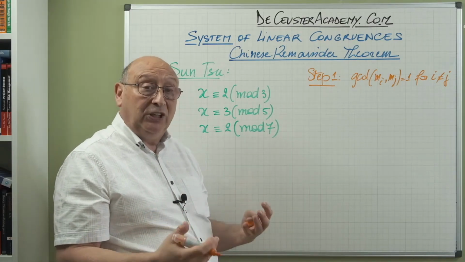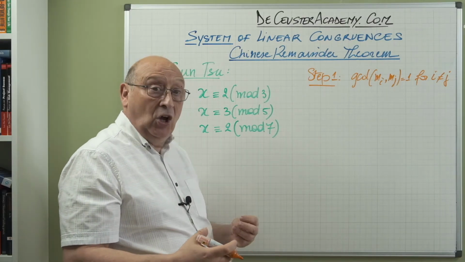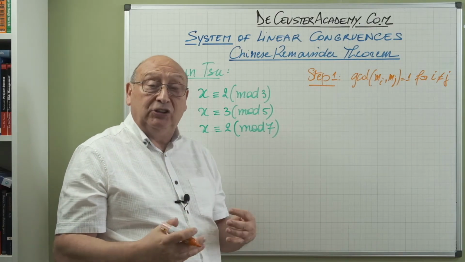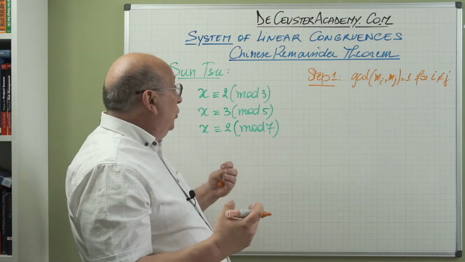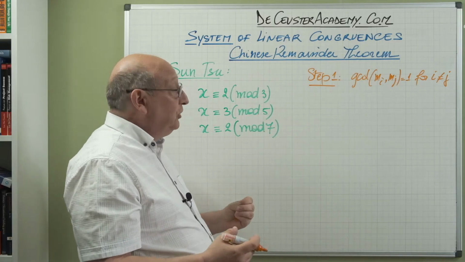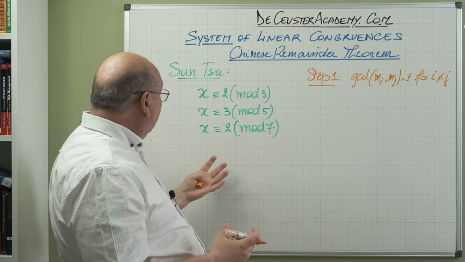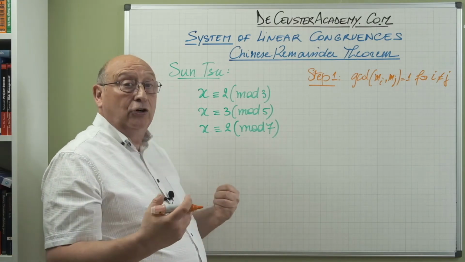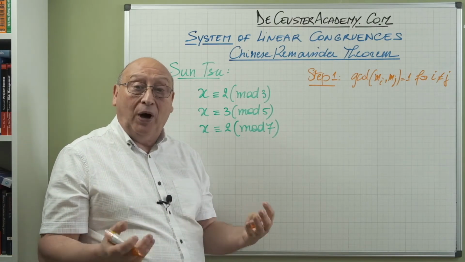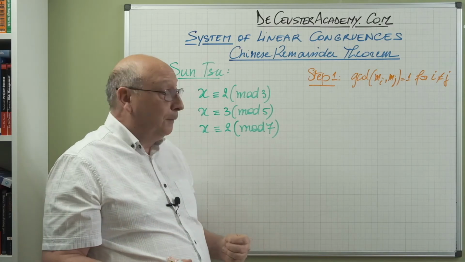In that case we know that the GCD of 2 prime numbers is always equal to 1. So basically we can say after verifying step 1 that this set of linear congruences has one unique solution.